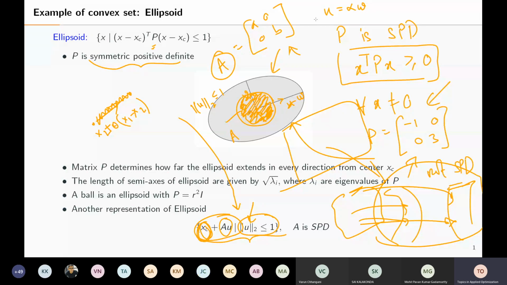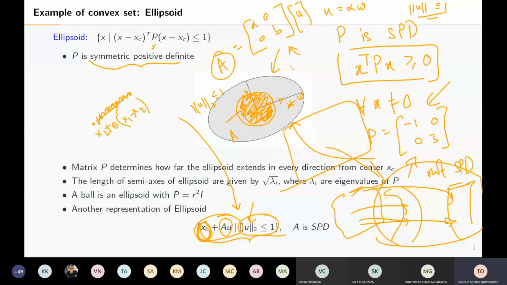So what is the action of A on u? What is also known to us is that the norm of u should be less than or equal to 1, so let us say alpha was chosen in such a way that this is indeed satisfied. So what will it do to u?